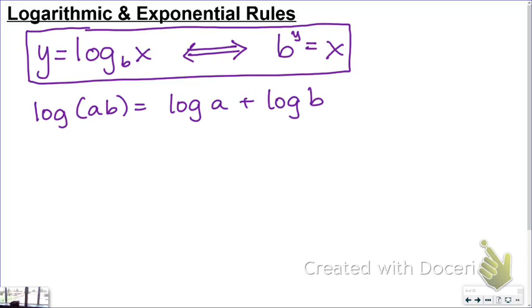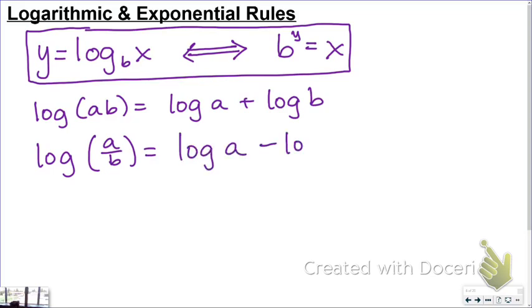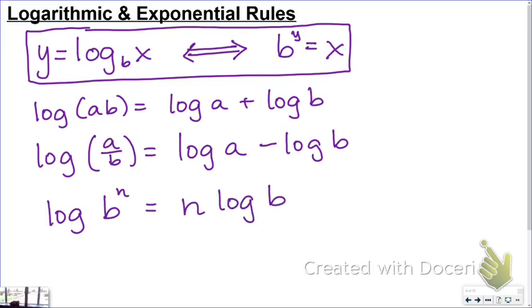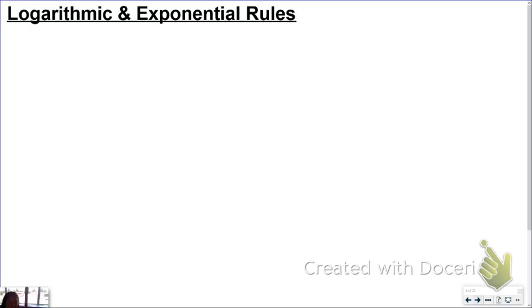The log of a quotient, a over b, equals the log of a minus the log of b. And the log of b to the n equals n log b. And these apply to any kind of a log, a natural log, any kind of a log. Okay, so that should get you through number 5.